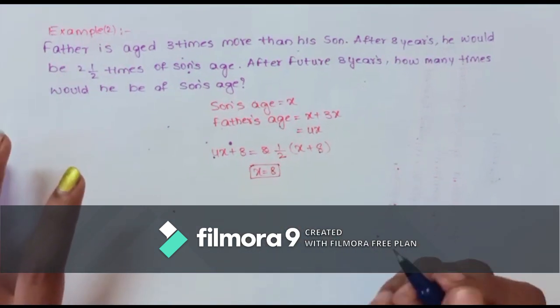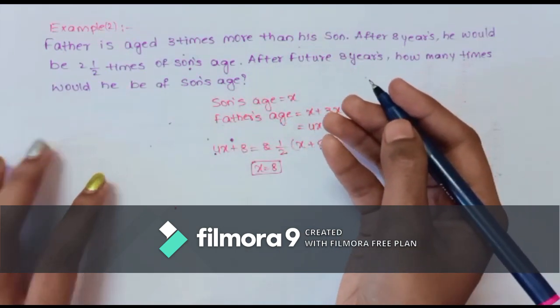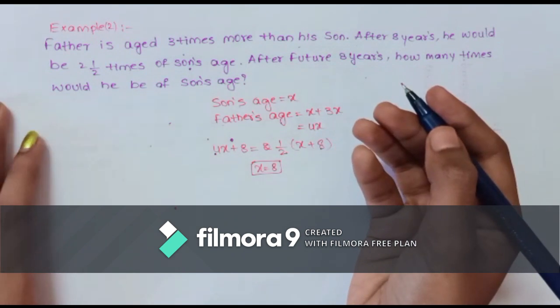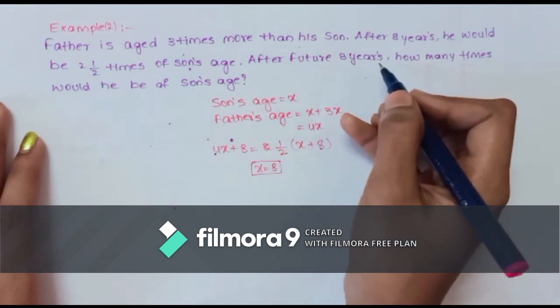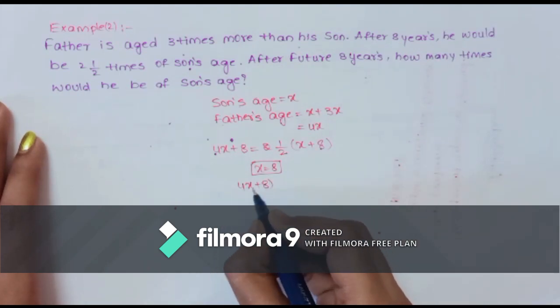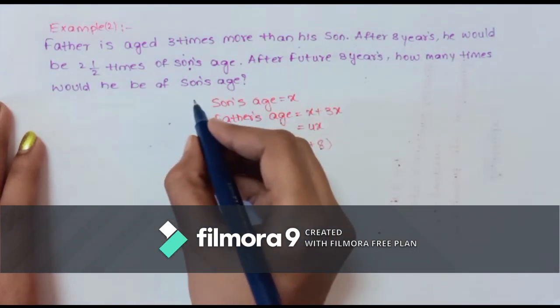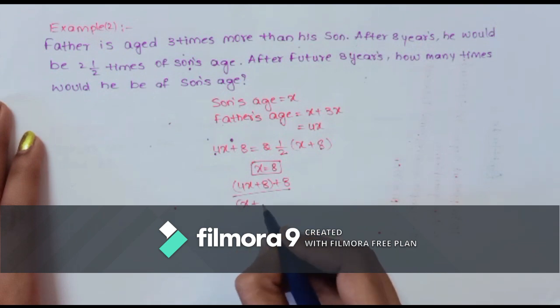After calculating this, here some other question is there. We should read entire question, then only you can answer the question. After future 8 years, so we should add plus 8 again. Plus 8. How many times would he be son's age? We should divide x plus 8 plus 8.